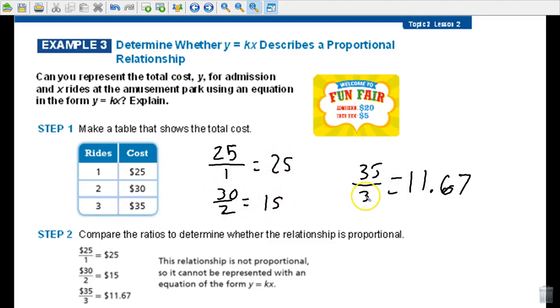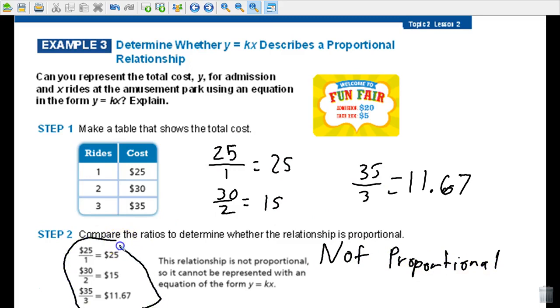These are not equal ratios. Okay? These are not equivalent ratios. Therefore, it is not proportional. It will not work.